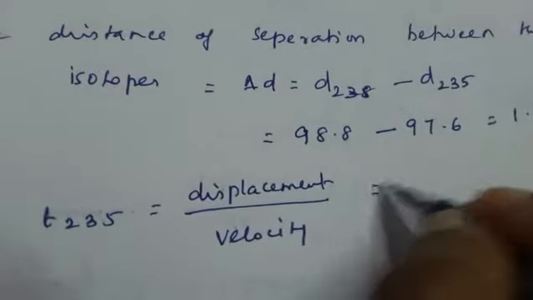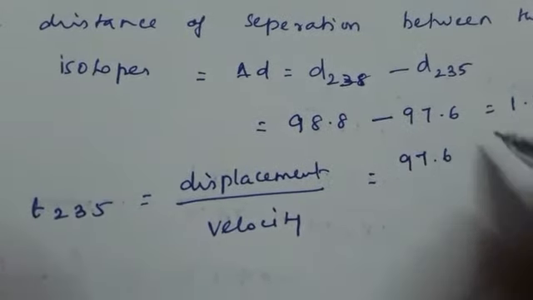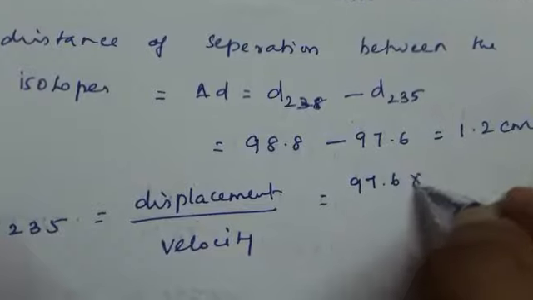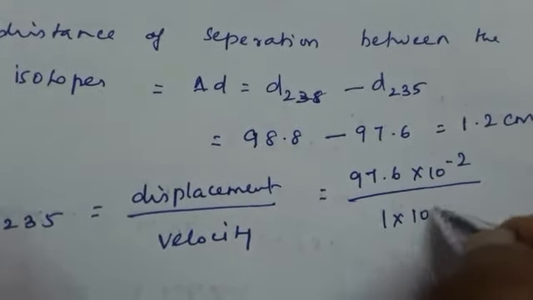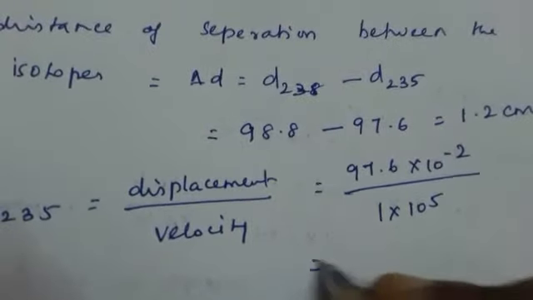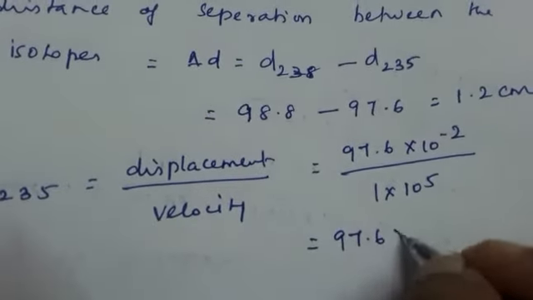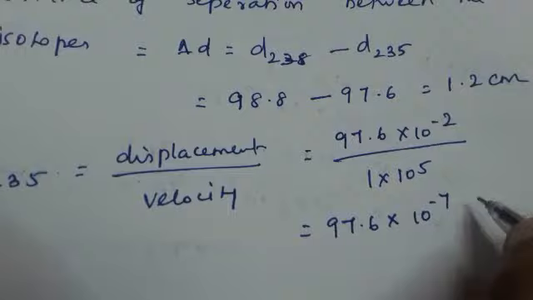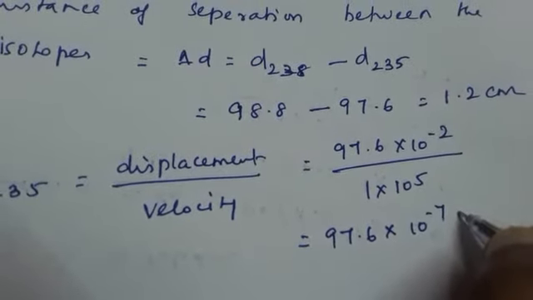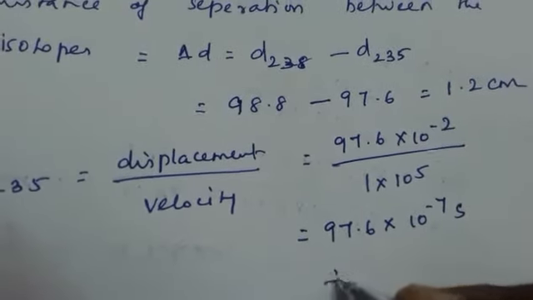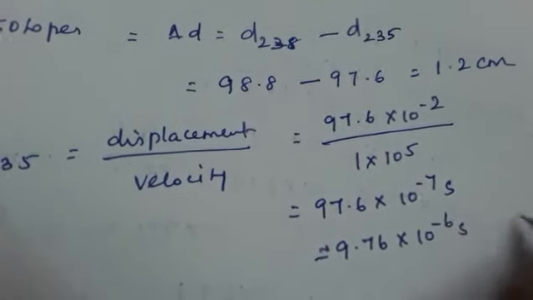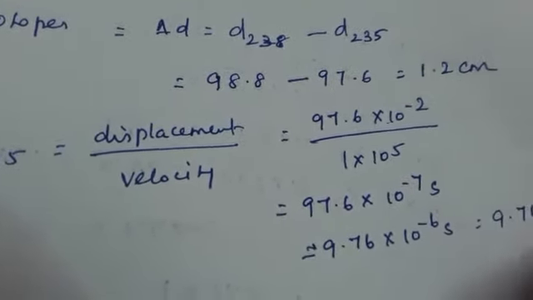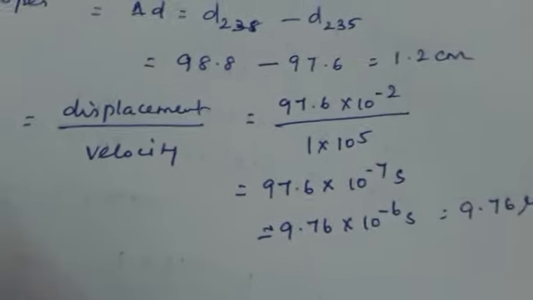The displacement is 97.6 centimeters, so in meter it is 97.6 into 10 raised to minus 2, divided by the velocity 1 into 10 raised to 5. So this is 97.6 into 10 raised to minus 7 second, or you can write 9.76 into 10 raised to minus 6 second, or 9.76 microsecond.